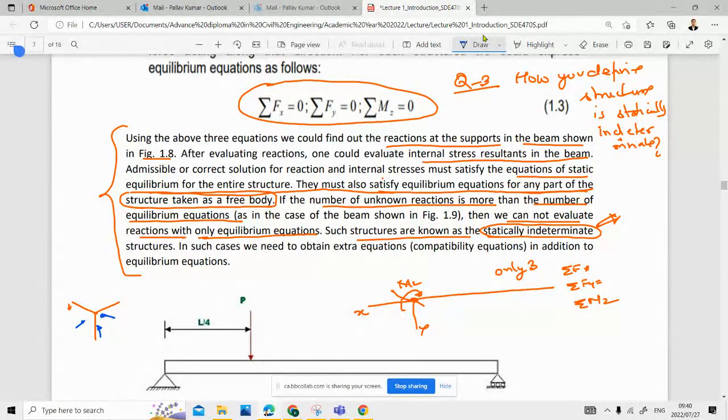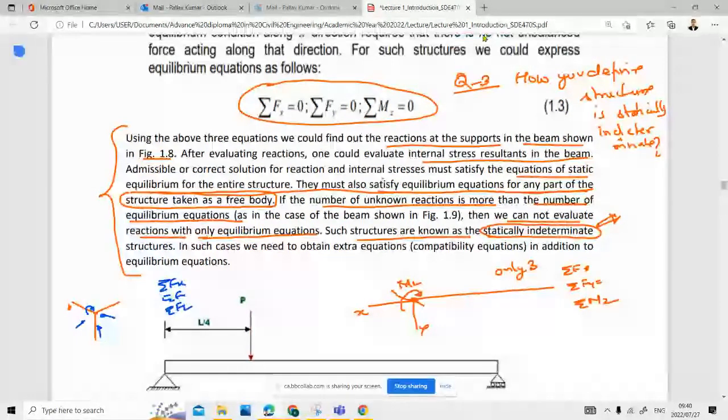So all three forces will be there: summation of Fx, summation of Fy, summation of Fz. Now there will be rotations along all axes: one rotation along Z, another along X, another along Y. So you have three more available equations: summation of Mx, My, and Mz. Is it clear to you, Ethan?